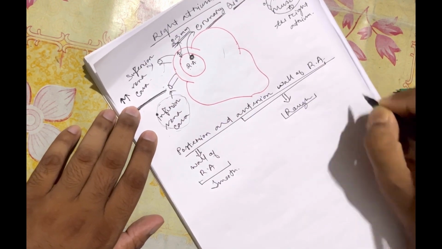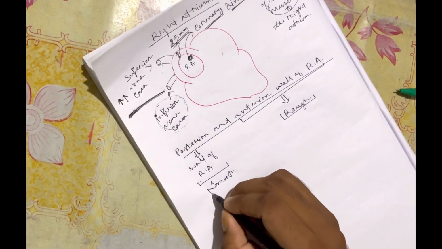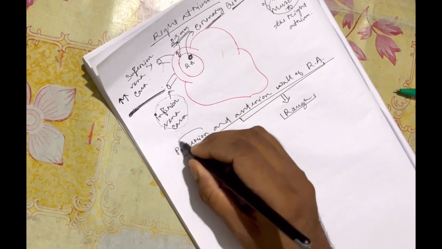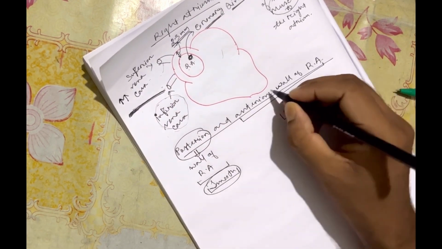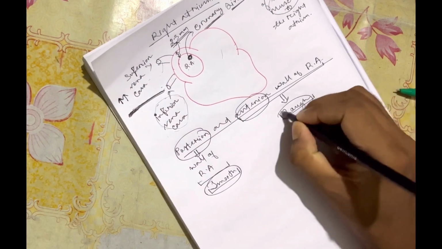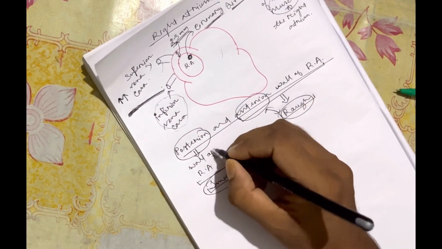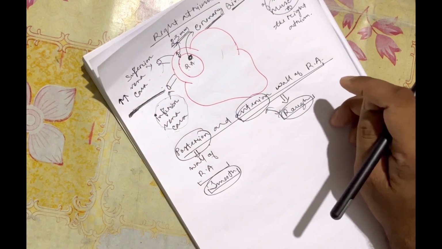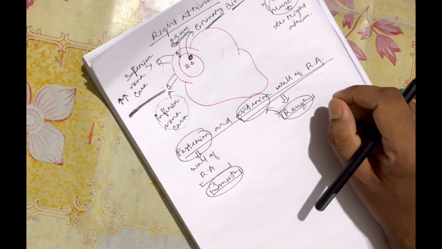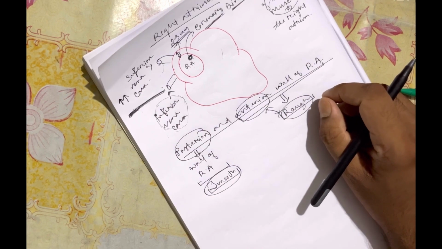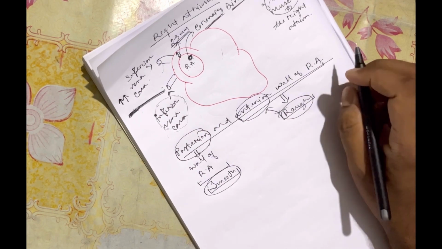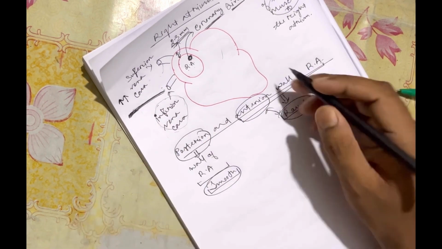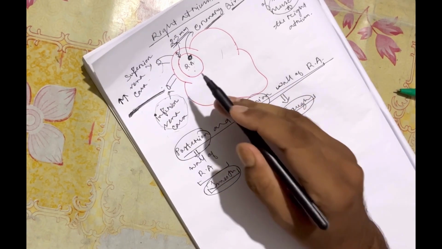It's not so smooth. Why? Because there are pectinate muscles present at the anterior wall of the right atrium.